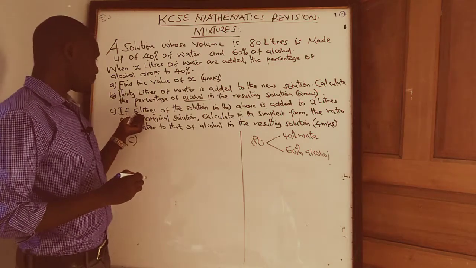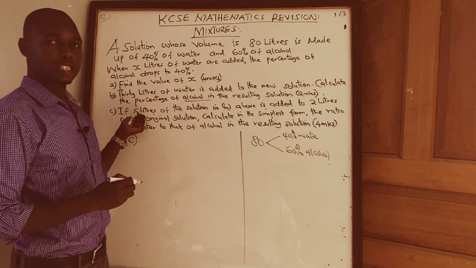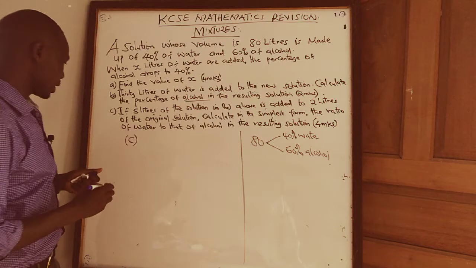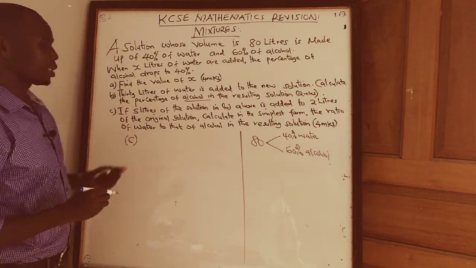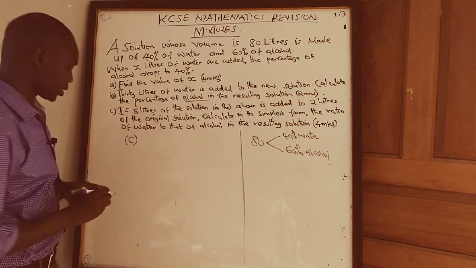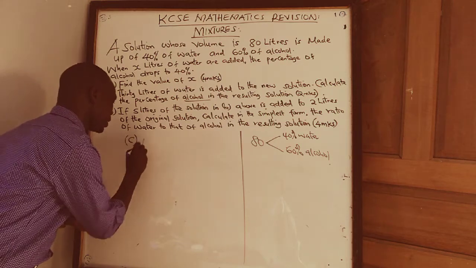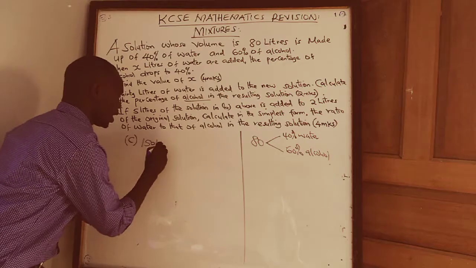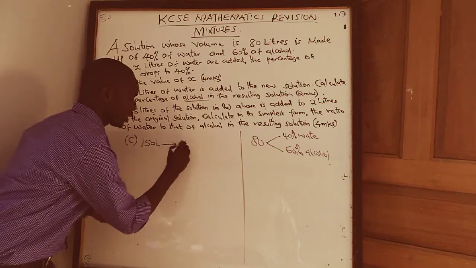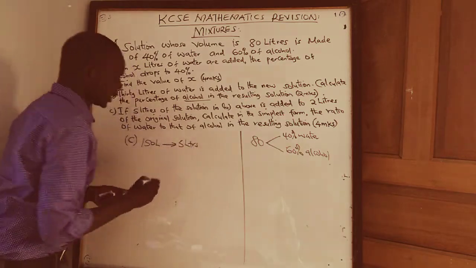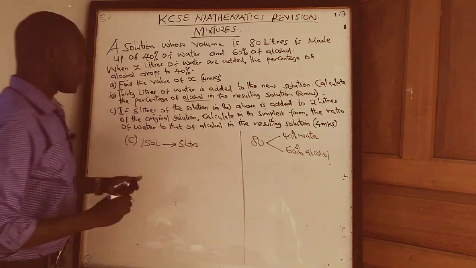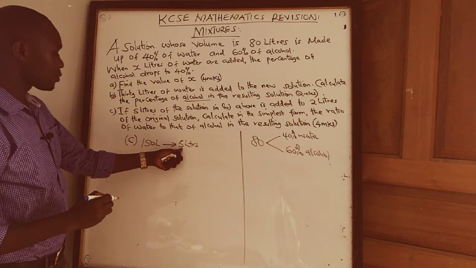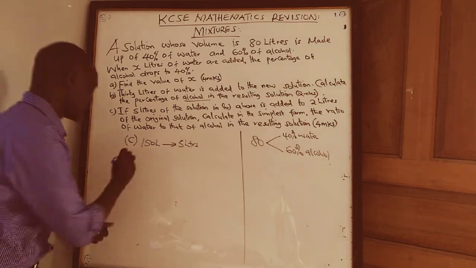We need to calculate the volume of alcohol and the volume of water in the 5 liters.